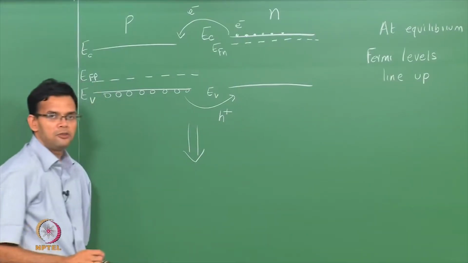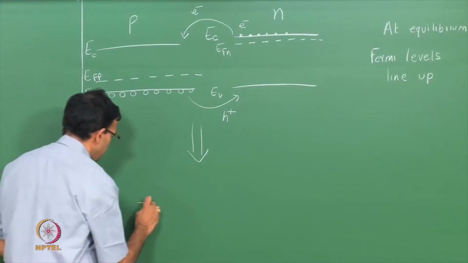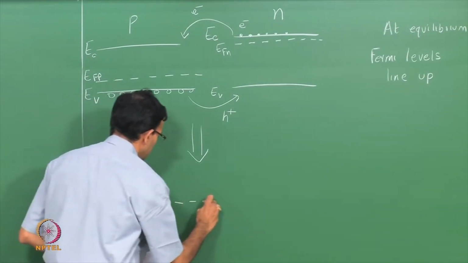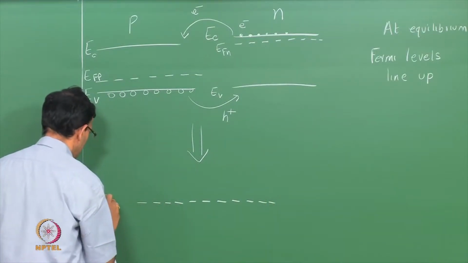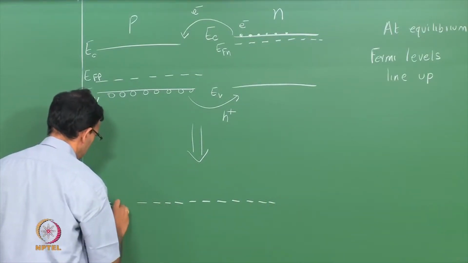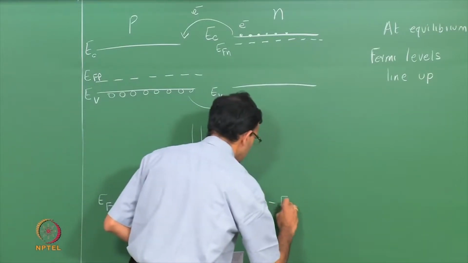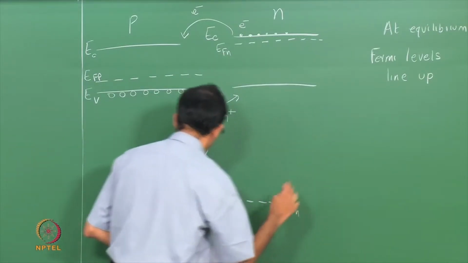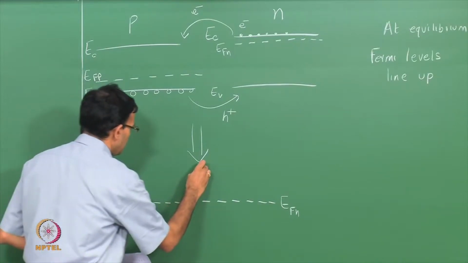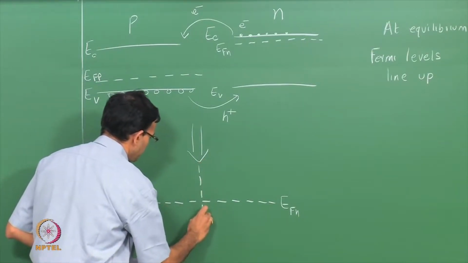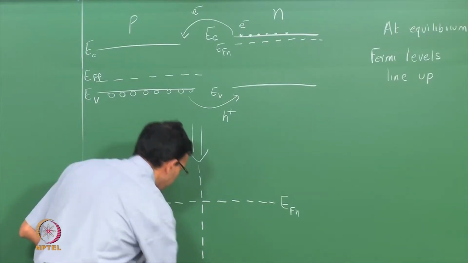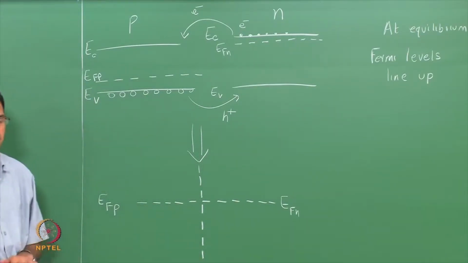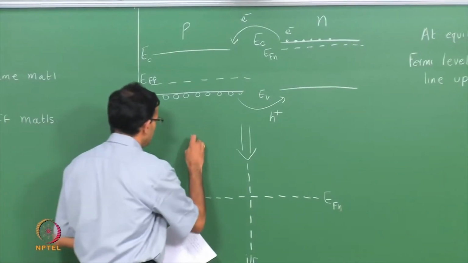The first thing I will do is line up the Fermi level. Let me mark the interface region. This I will call IF. IF represents the interface between the P and N.